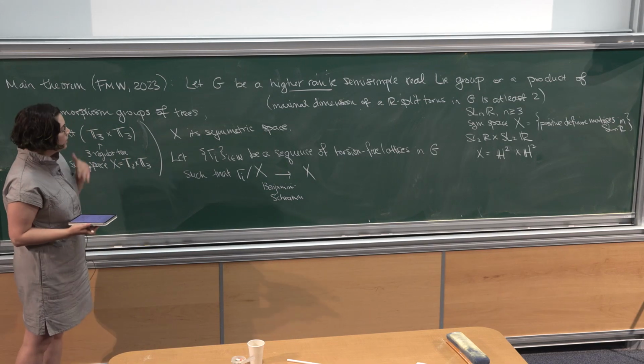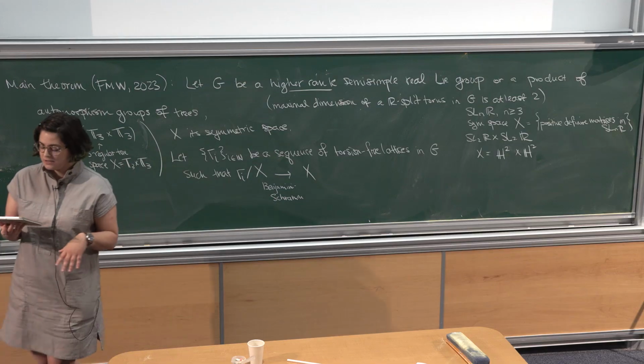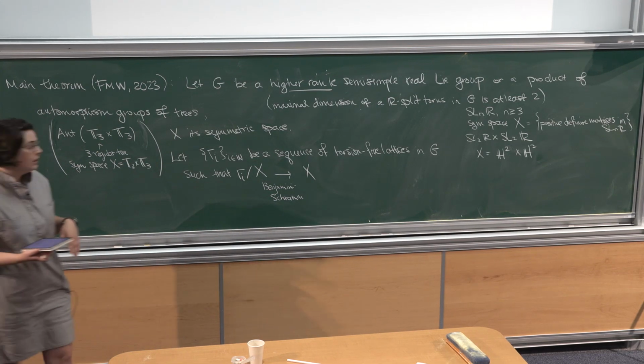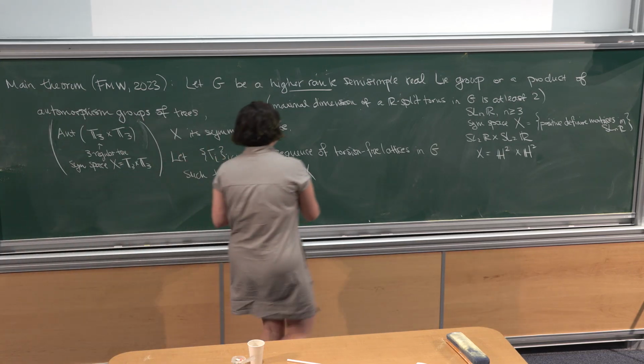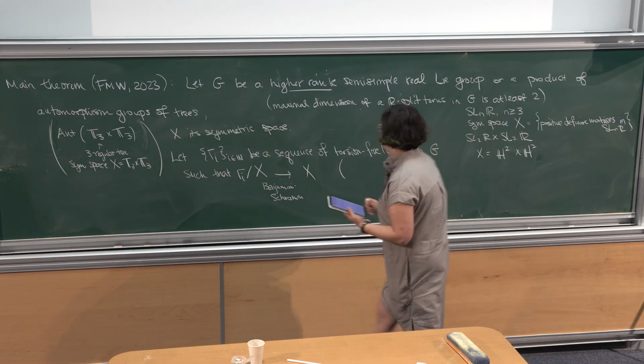I don't want to define this explicitly. It means the injectivity radius around a typical point in X mod gamma_i goes to infinity. If you have a simple Lie group, then it's equivalent to just the volume going to infinity.